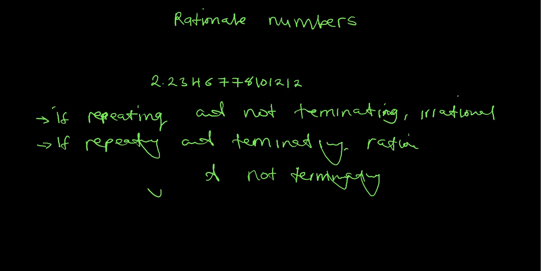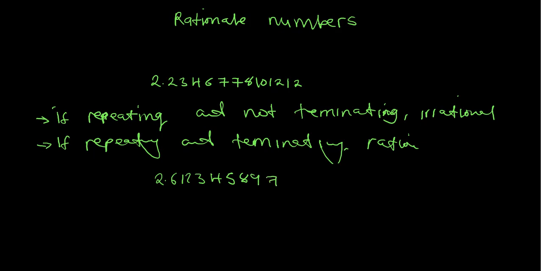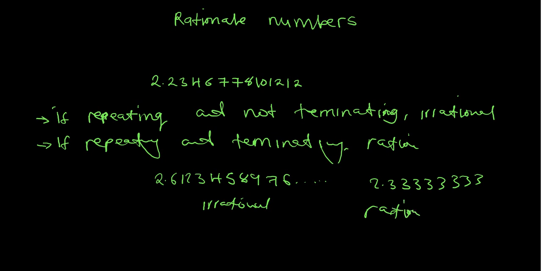So when we say irrational, if we find a number like 2 point 6, 1, 2, 3, 4, 5, 8, 9, 7, 6, they keep on like that, and the pattern changes. That's what we call irrational. But if they are repeating, say 2 point 3, 3, 3, 3, 3, 3, 3, 3, now that will be rational, because the pattern can be traced.